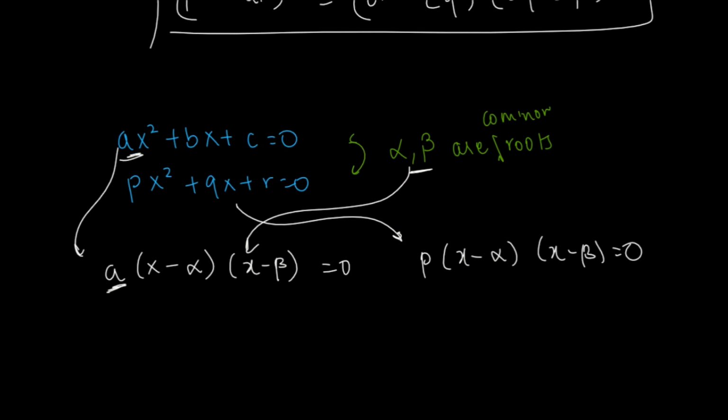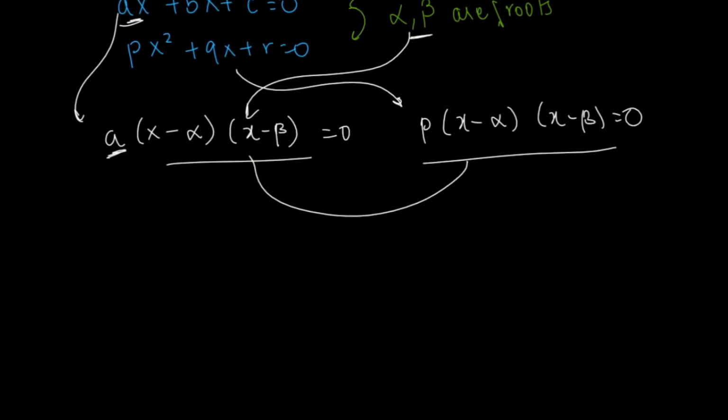And if you look at both of these carefully, what this just means is that both of these equations are identical. And so what that means is that p is nothing but some sort of multiple of a. So p is equal to ak. Let's take some multiple k.